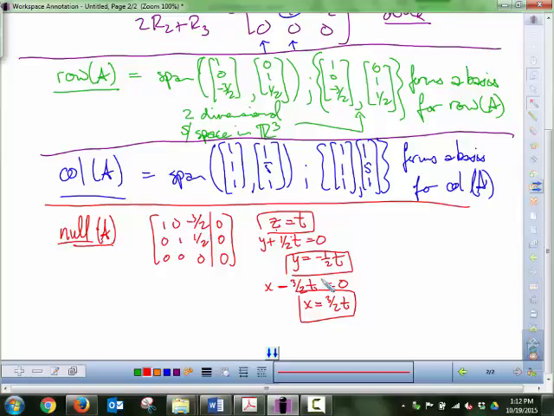And so we have values for x, y, and z. Now remember, back when we were solving for these things, we would write it as x, y, z is equal to something plus t times, and then we factored out a t from all those things that have coefficients. So the z is equal to 1, the y is equal to negative 1/2, and the x is equal to 3/2.